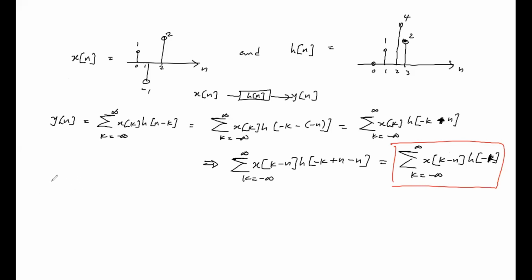Now, we are going to make another interesting assumption here. We are going to assume that s of n is the same as s of k, such that h of n is the same as h of k. Now, once we are able to make that assumption, then it means that we are going to change the scale from n to k.